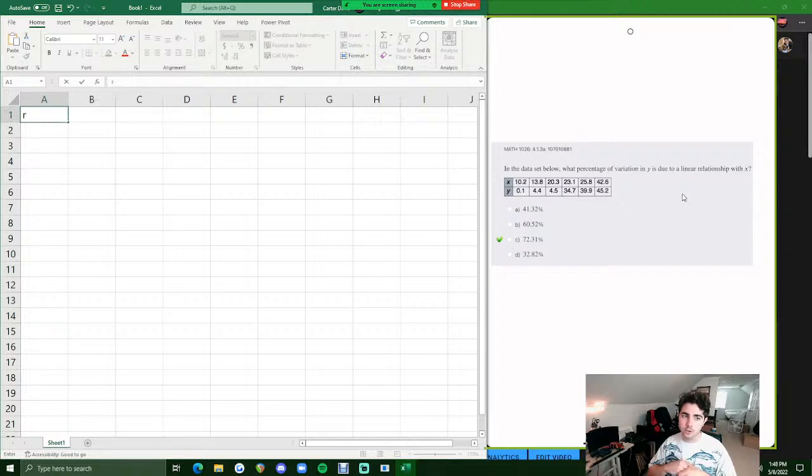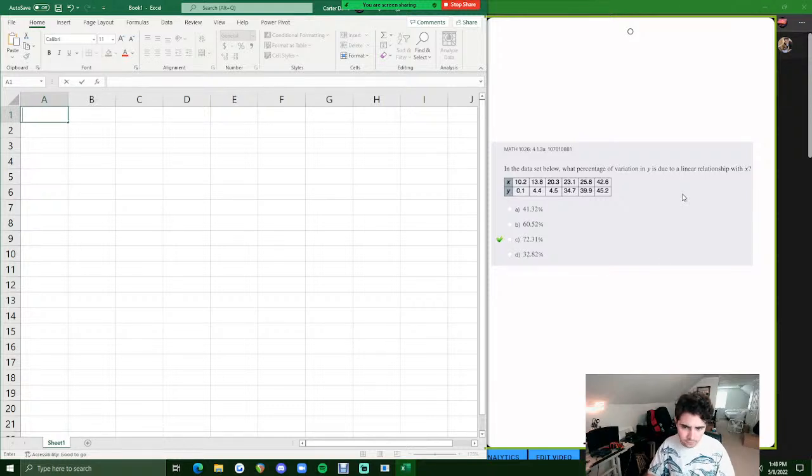So the correlation coefficient represents the correlation between x and y, how strong or weak it is, whether it's in a positive direction or a negative direction, like a positive slope or negative slope. Now, whenever they ask what's the percentage of variation in y due to a linear relationship in x, whenever you see that phrase, I want you to think about r squared. It's not just r, but the correlation coefficient squared. That's what they're looking for.